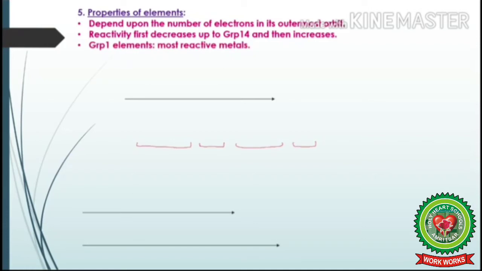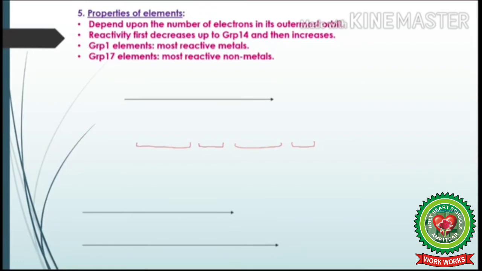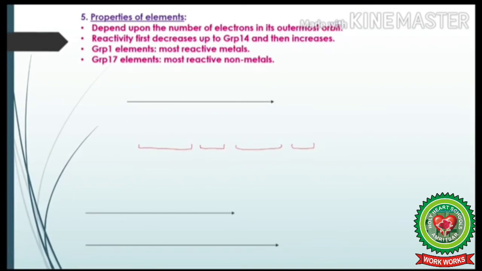Next, group 1 elements are the most reactive metals and group 17 elements are the most reactive non-metals. Why? We have discussed this in the previous class also, that group 1 elements and group 17 elements, that is halogens, are in close proximity with group 0 elements.